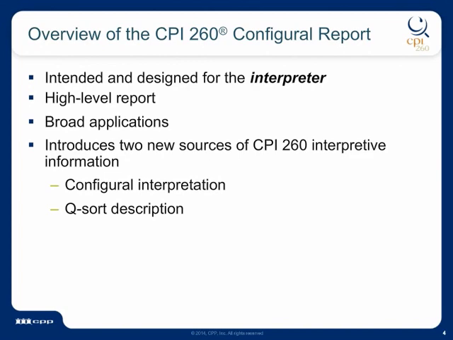It will enhance and support the more basic information contained in both the client feedback report as well as the coaching report for leaders. The CPI 260 configural report is a high-level report in that it links you back to the rigorous conceptual and interpretive foundations of the original CPI while sticking to the executive length CPI 260 versions of the scales.